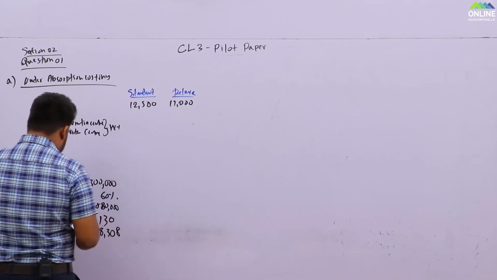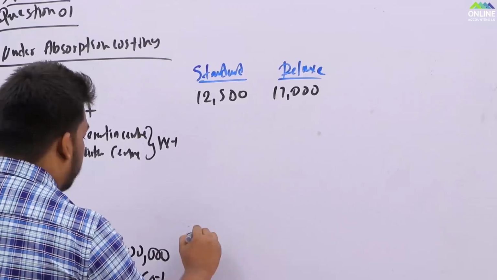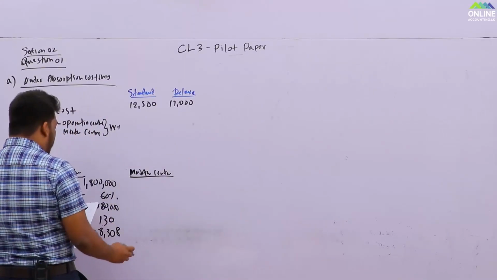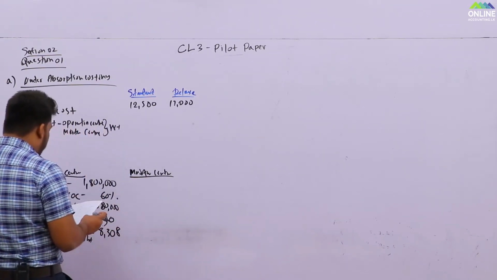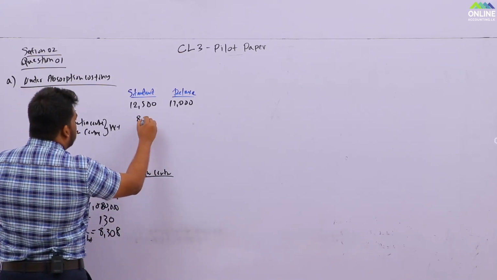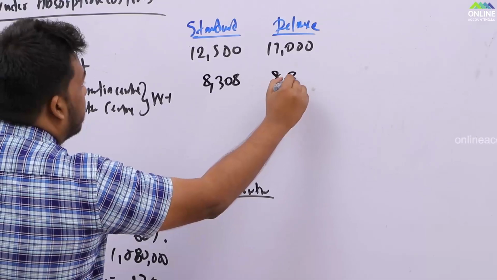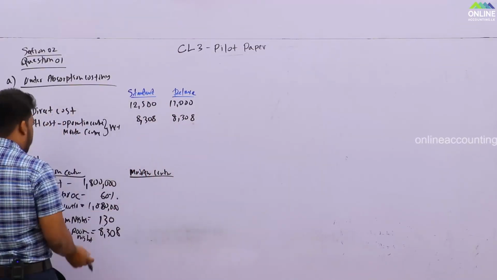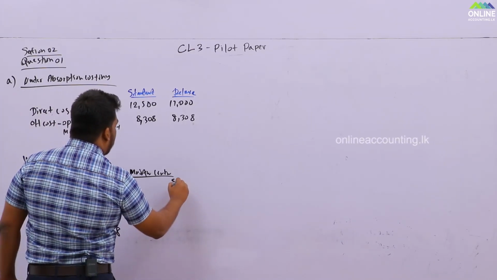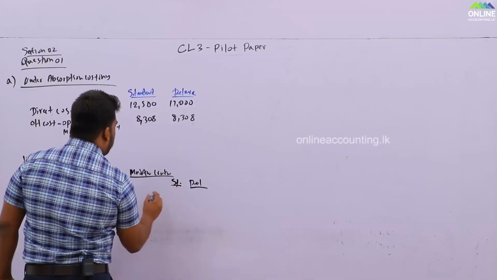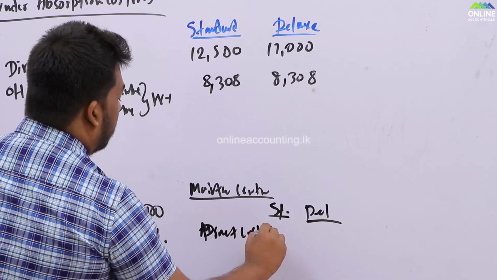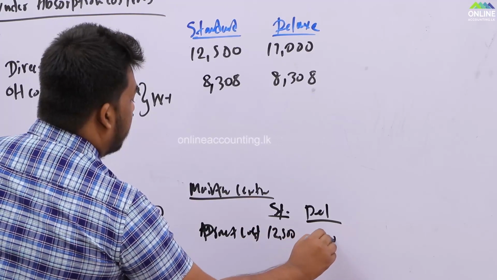Before that, we'll do the maintenance center also. How to allocate the maintenance center? Here the operation cost per room night is 8,308, and this is also 8,308. It doesn't matter whether it is standard or deluxe, because that is calculated for the whole room nights. For maintenance they are calculating based on the direct cost, which is 12,500 and 17,000.